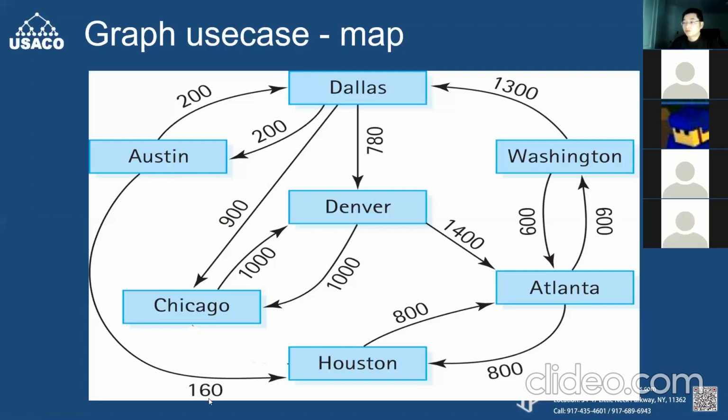So the weight on the edge means how far it is. And from Chicago to Dallas, or from Dallas to Chicago, it's 900 miles.